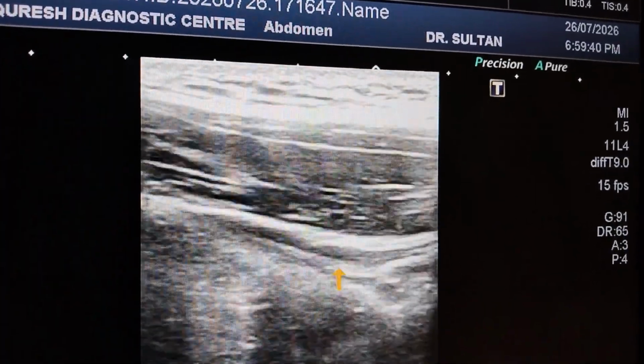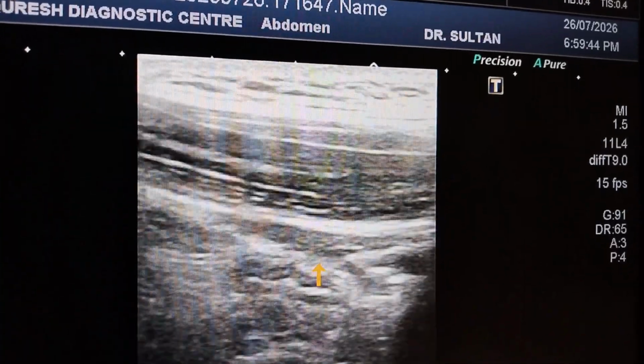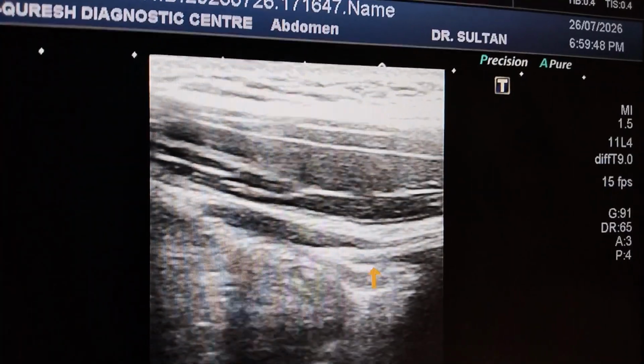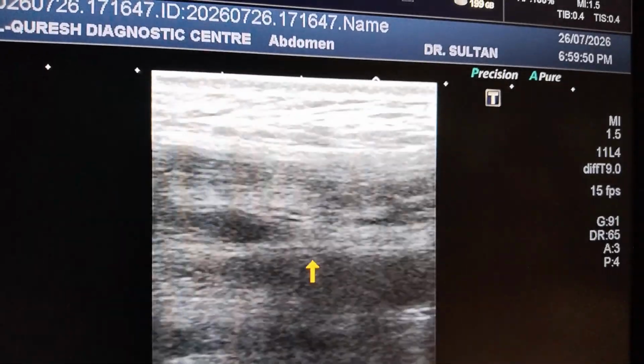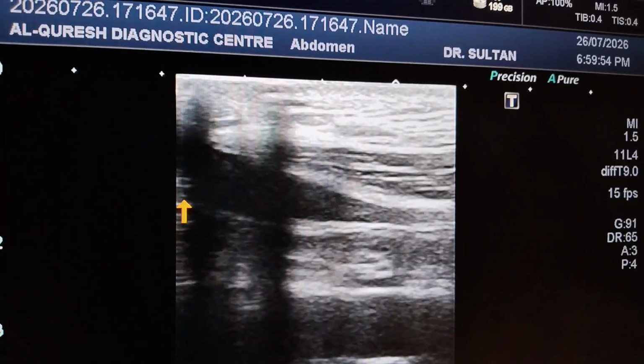This is the bladder end, and this is the umbilical end.